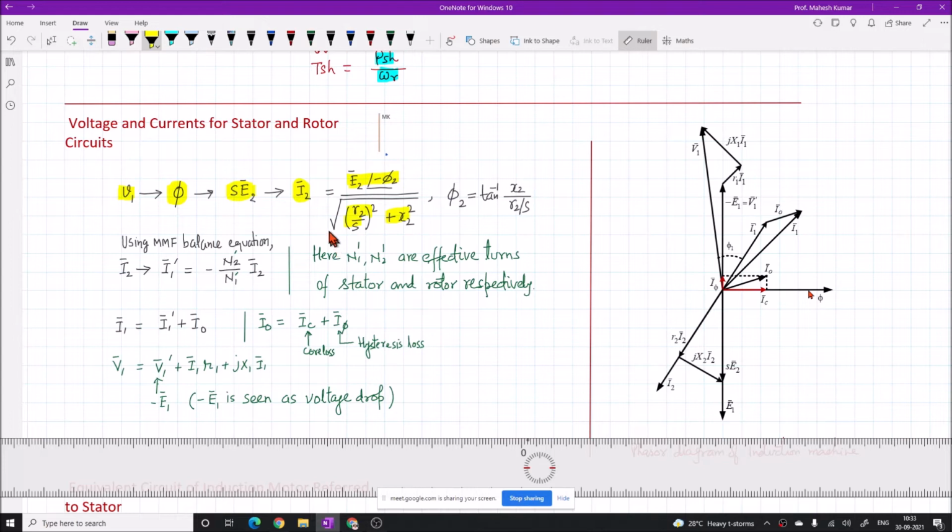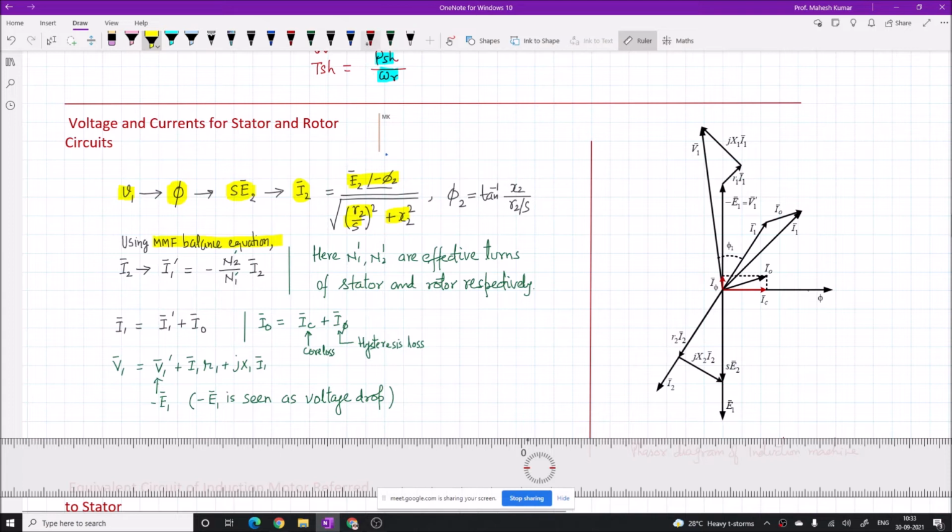Then from I2, I1 dash is generated based on the MMF balance equation, which says that the total MMF of the machine will be constant, or the MMF on the rotor will be supplied from the MMF of the stator circuit.